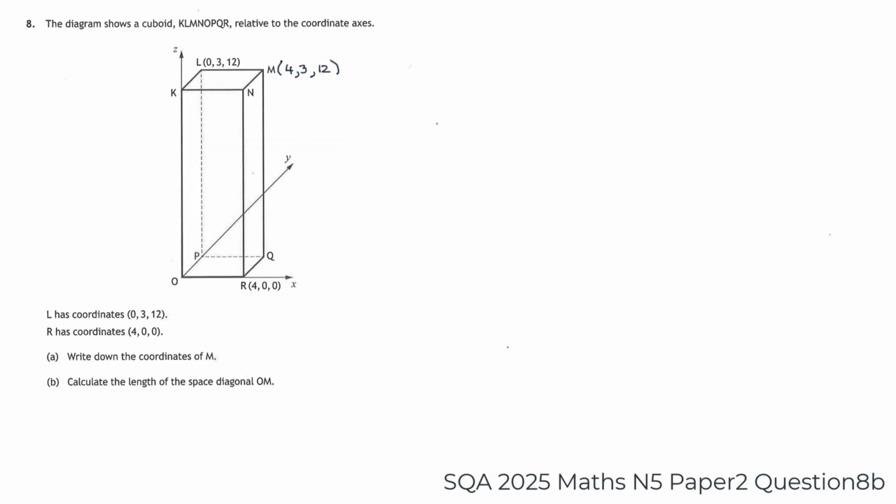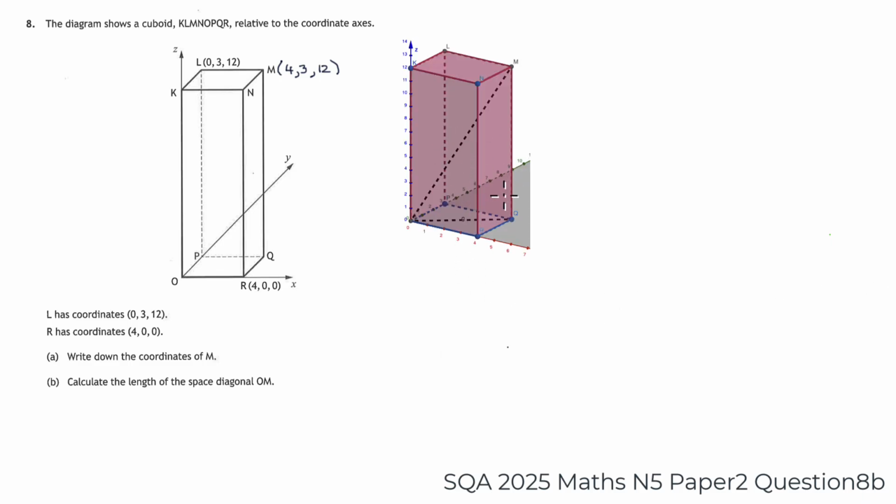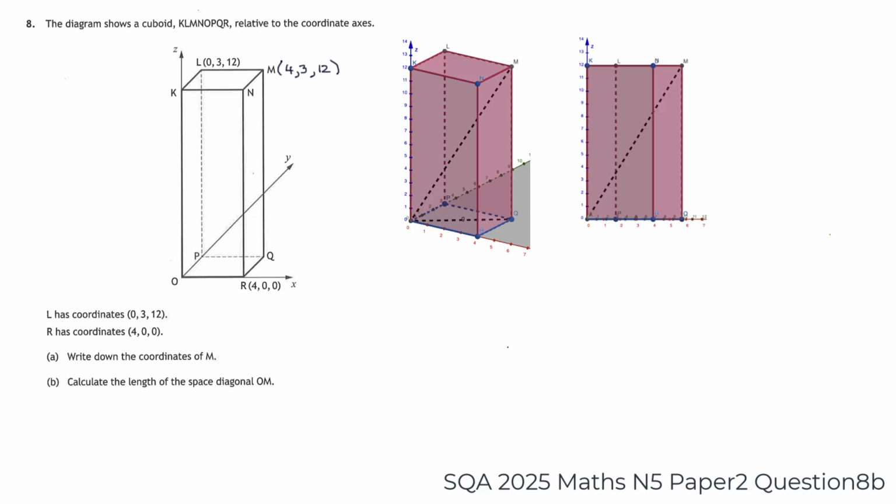So here's the original question, and let's introduce the other diagram that we were using. And remember, in this diagram we managed to move the cuboid around so that we had a face-on view of triangle OQM. And then we moved the diagram around so we were looking straight down on the cuboid from the top, and we saw ORQ.